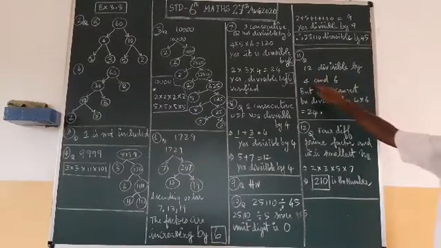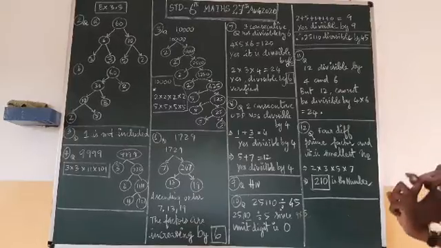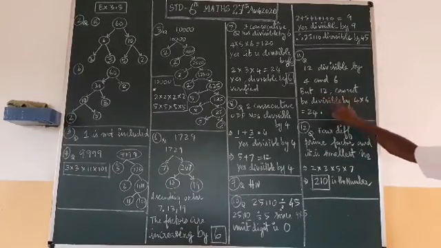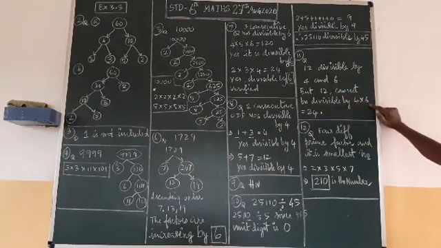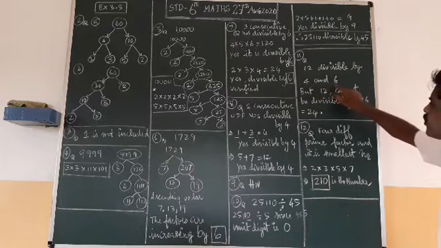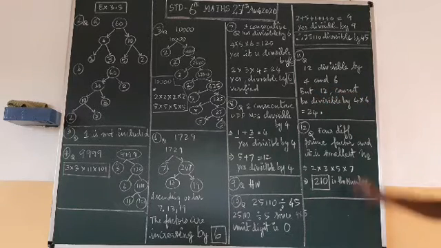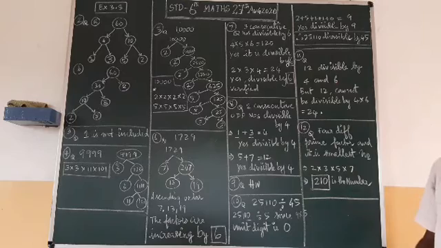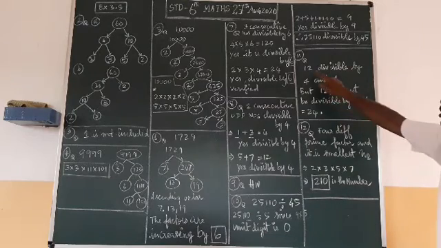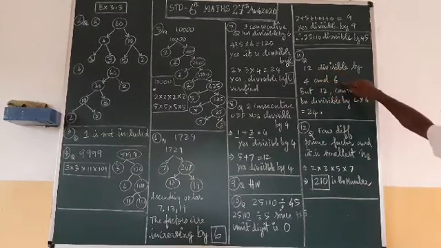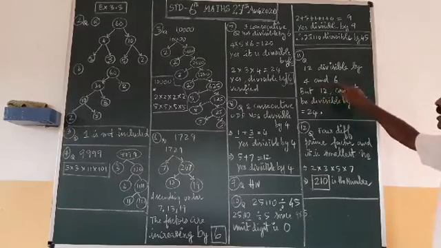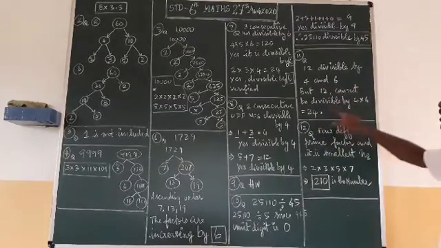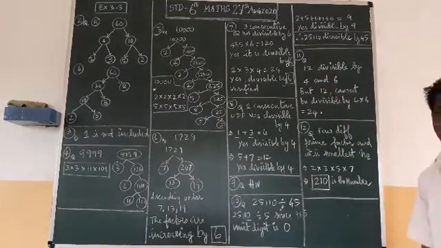But the product of 4 and 6 is 24. Can 24 divide 12? No, it is not possible. So 12 is divisible by 4 and 6, but it cannot be divisible by the product number.